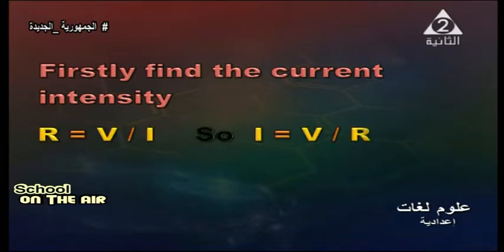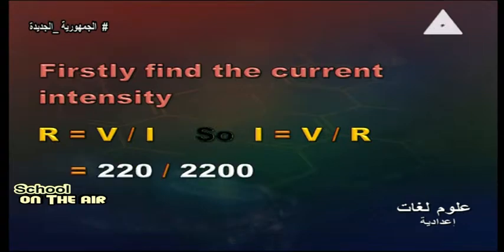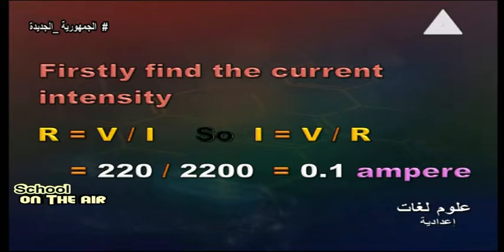Firstly, find the current intensity. R equals V over I, so I, the electric current intensity, equals V over R, the potential difference divided by resistance. 220 over 2200 equals 0.1 ampere. So the electric current passing in this circuit is 0.1 ampere.